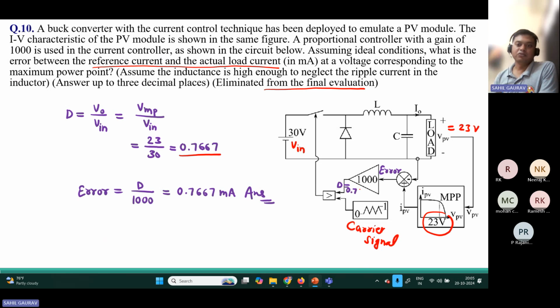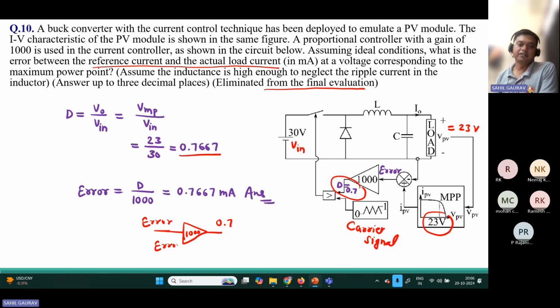And now you know this duty cycle, and they are asking about this error. So what should be the error? You can make just the opposite. So this is gain and output is 0.7 and input error.